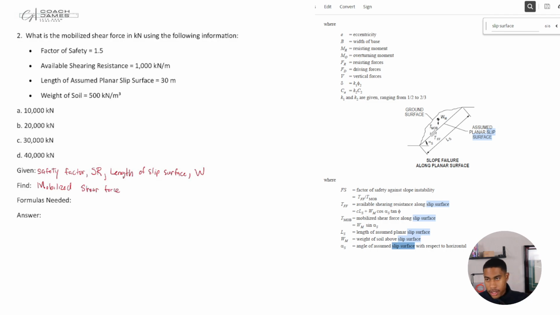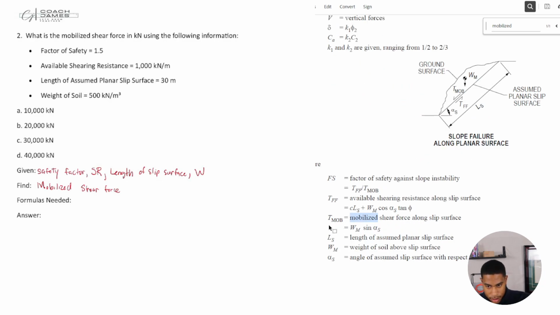So I don't know where to start, so I'm going to search mobilized. Only one thing for mobilized. All right. So mobilized shear force, its symbol is T-mob. So what is T-mob on this diagram? T-mob is the force coming down, the mobilized shear force along the slip surface.